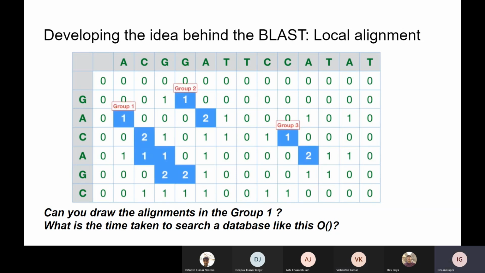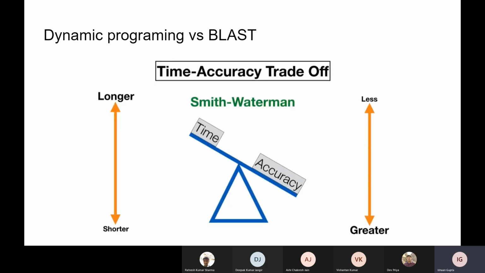Okay. So this is not really good when we are talking about very large databases, right? What dynamic programming algorithms do is give you an accurate solution, but it takes a long time. What BLAST, or these heuristic algorithms, do is reduce the accuracy slightly, a little bit, but they run in much, much faster time.